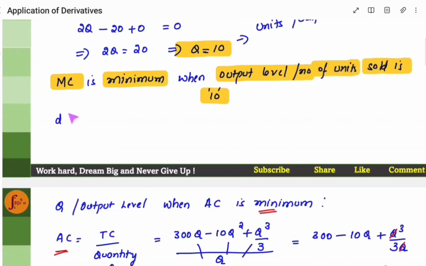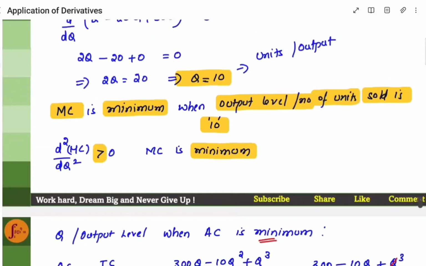When the double derivative is greater than 0, that's when we can say marginal cost is minimum. That's the condition. When the double derivative of marginal cost is greater than 0, then we'll say marginal cost is minimum.